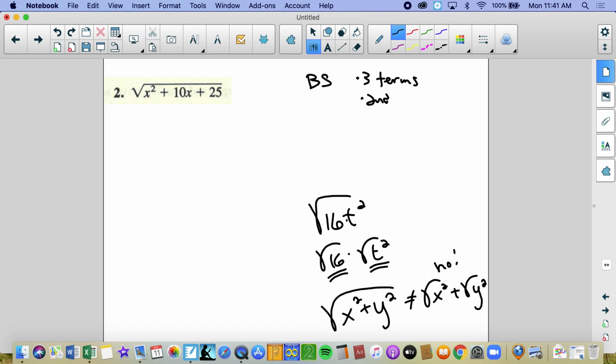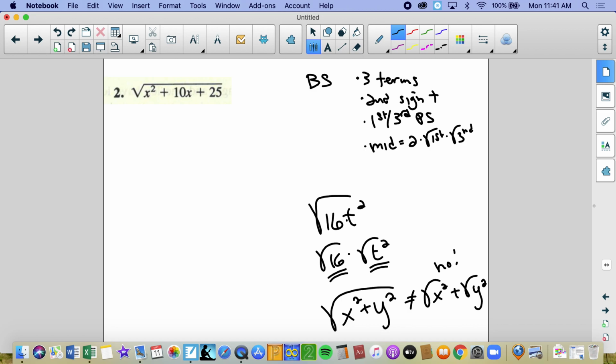Second sign positive. The first and third are perfect squares. And the middle is equal to 2 times the square root of the first times the square root of the third.